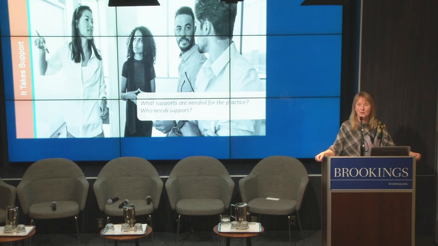And who needs support? Whose practice are we changing for what purpose? Is it recruitment and retention specialists that are specifically doing that work in some agencies? Is it foster care case planners? Is it community partners? Is it parent advocates? Whose practice are you changing?